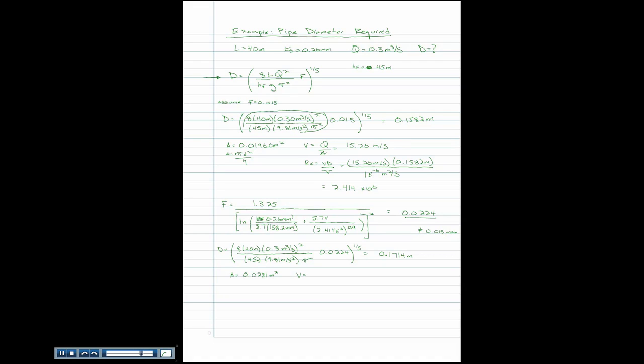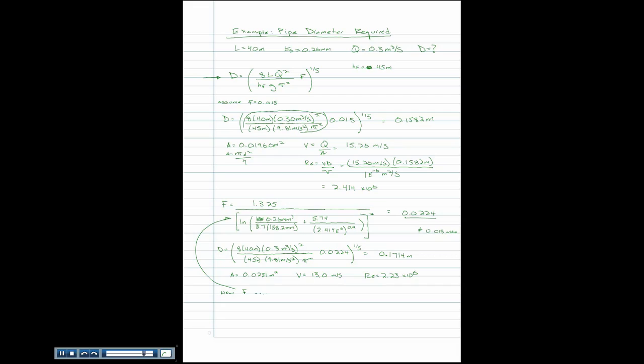Okay, so I can calculate a new area that corresponds to that diameter. I can use the Q equals VA relationship to find a new velocity. New Reynolds number I can calculate. And we'll want to see how well that matches up. So then I'd find a new f value using this same equation here. I'll save you the suspense.